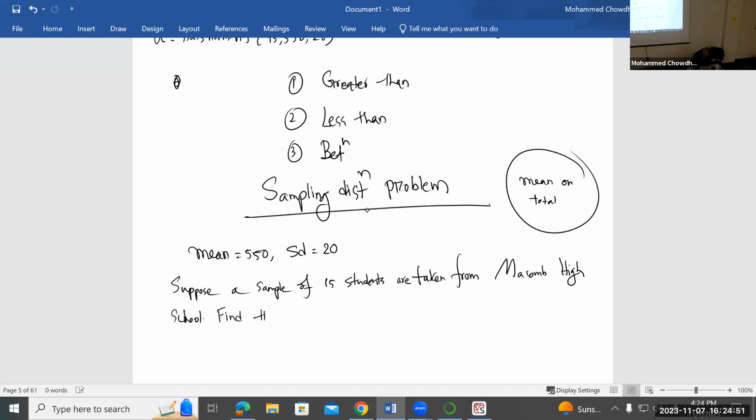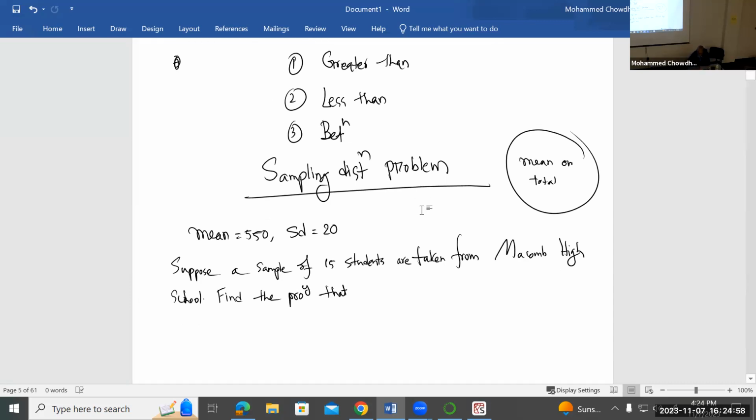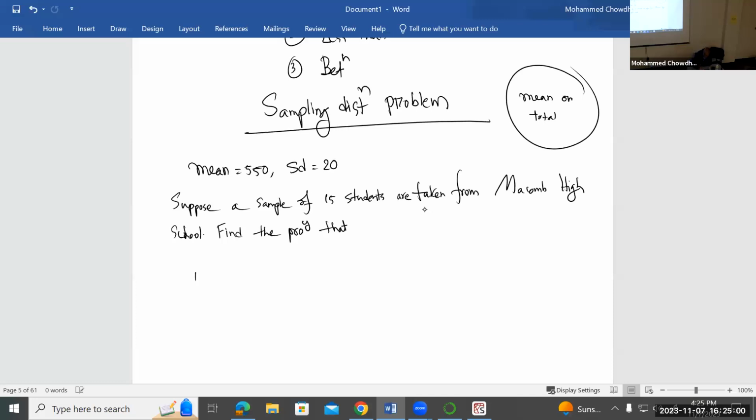Find the probability that number one, mean SAT score is greater than 565.